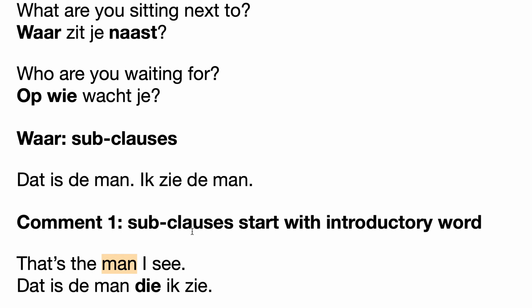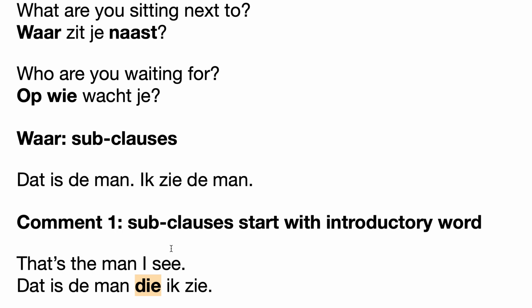In Dutch, if you have a subclause, if you're combining two sentences, you always have to use some kind of introductory word to combine those two sentences. That's the man that I see. And in English, that's a little optional, but it isn't in Dutch. So you have to always use a die here or another word.